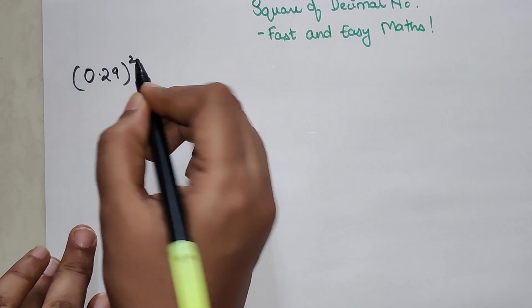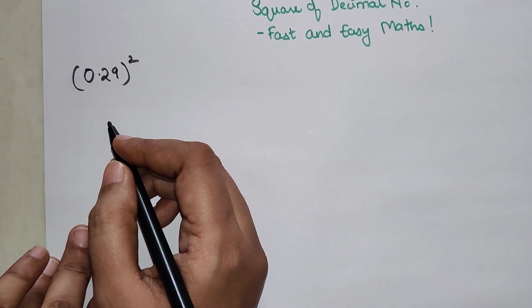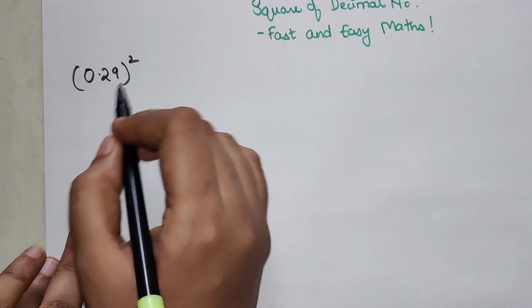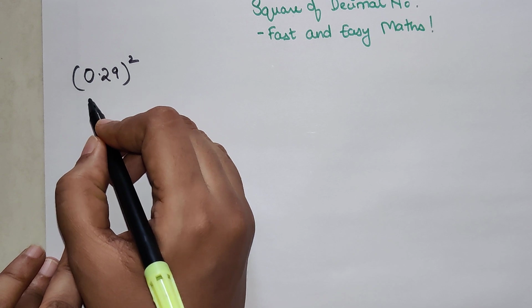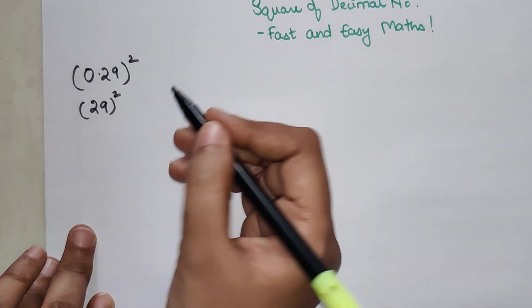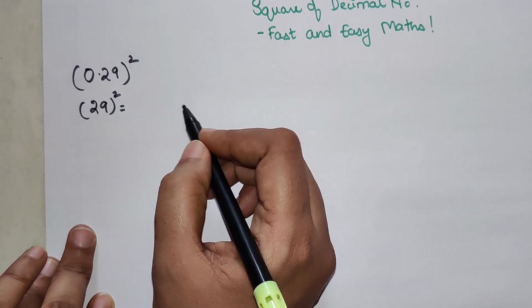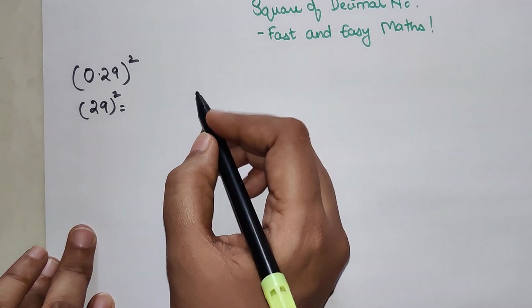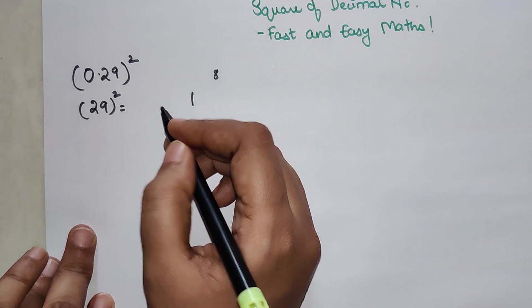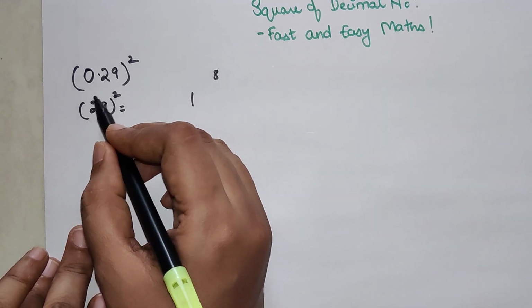If we had to find the square of 0.29, first we will not be concerned about the decimal. We'll first take this as nothing but 29 and find the square of 29. First we take the square of 9, which is 81, so 1, and the 8 which is left over, we'll write here. Now we'll multiply all the three numbers over here.